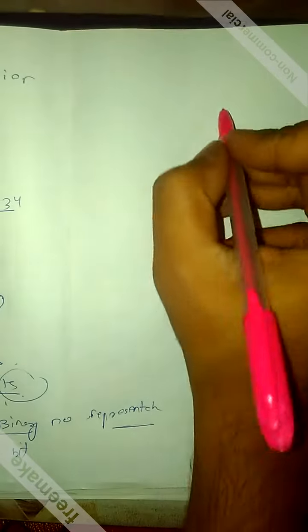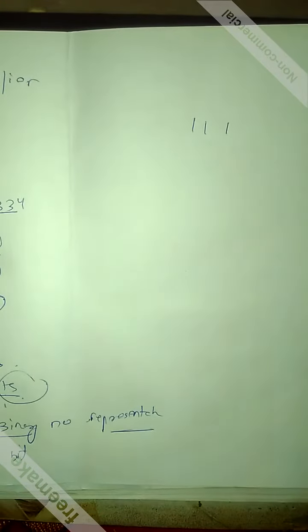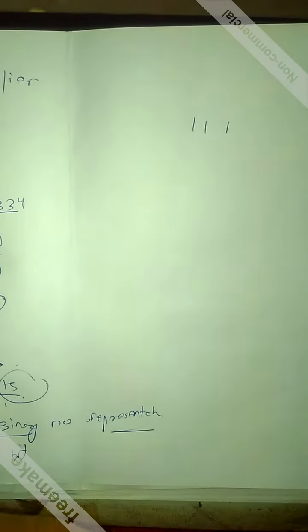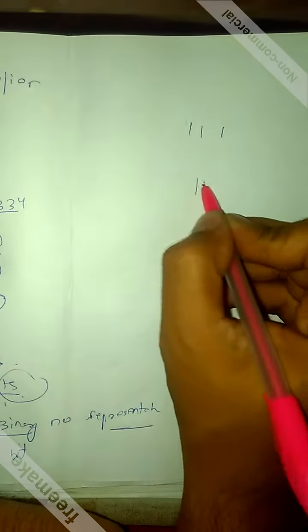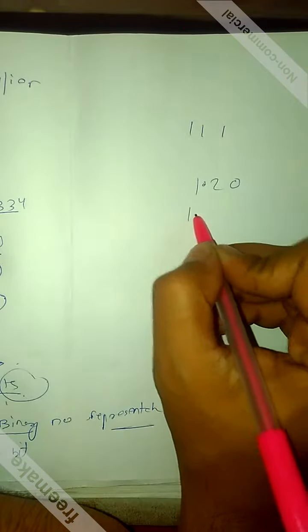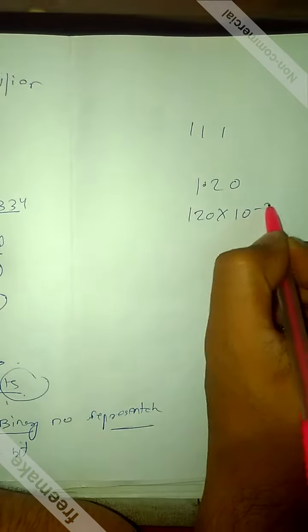For example, we have the given number 1 1 1. This is not a decimal number, it's not one hundred eleven, it is a binary number, 111. Every binary digit has a power of 2. Like in the case of the decimal number 1.20, we know that it is 120 times 10 to the power minus 2, right?